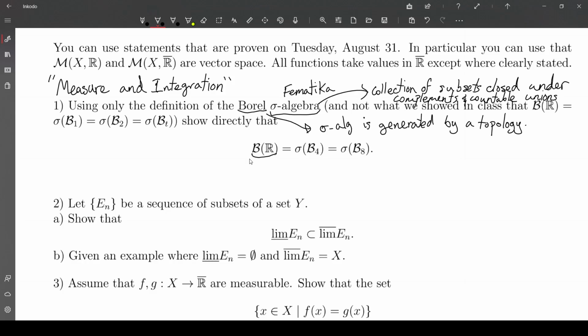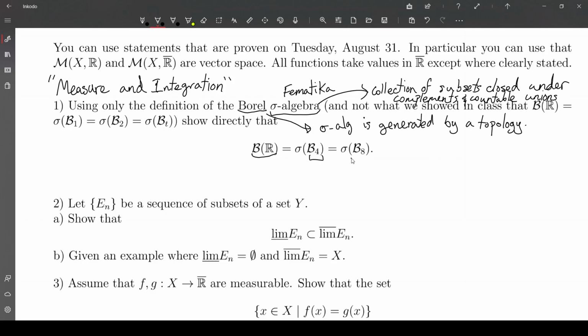Well, you already have arbitrary unions in the topology, but you can't have arbitrary unions in a sigma algebra. Arbitrary means you could have an uncountable union, but you don't deal with uncountable unions with sigma algebras. Okay.